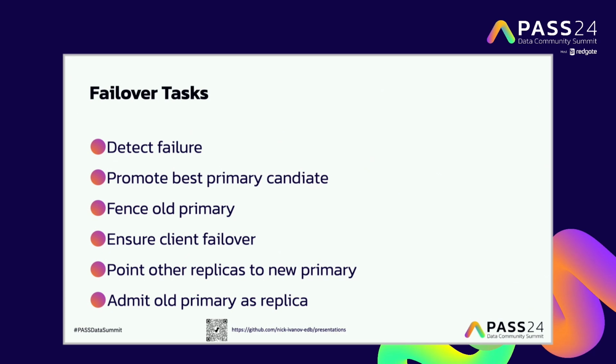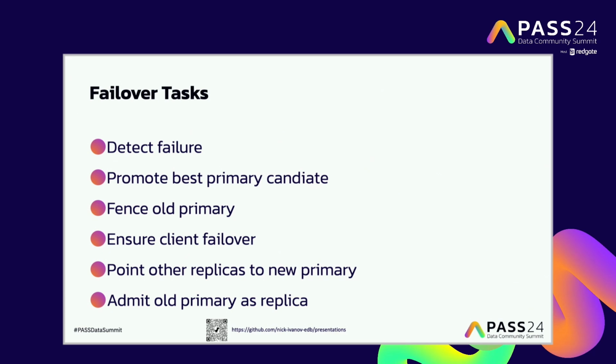You need to ensure that your clients are now connecting to the newly promoted primary. If you have multiple replicas, you need to make sure that they're reconfigured to connect to the new primary to continue replicating from where they left off. And then finally, when the old primary is recovered, it needs to be admitted back to the fold, but not as a primary, but as a replica of the new primary.